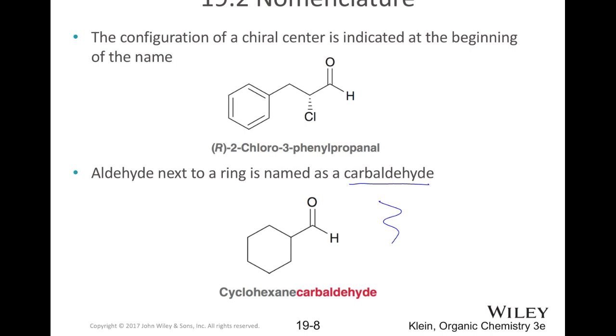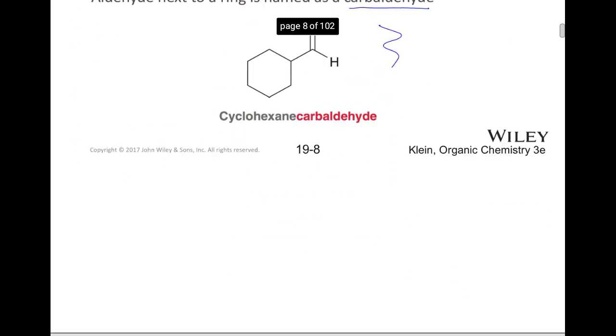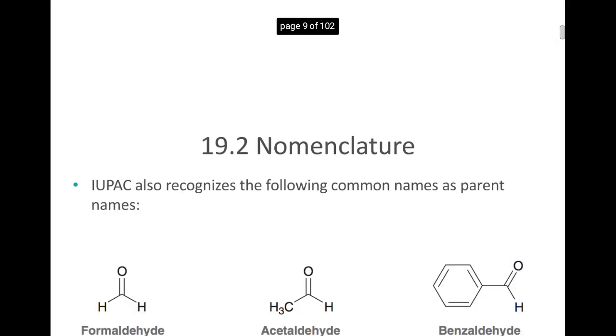So if I have a cyclohexane with an aldehyde attached to it directly, it would just simply be cyclohexane carbaldehyde. If you had a cyclobutane, it would be cyclobutane carbaldehyde, and so on and so forth. So carbaldehyde, that's something you'll definitely want to have in your quiver of arrows for nomenclature.